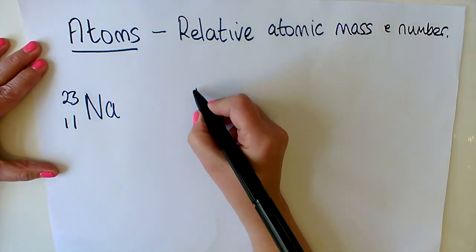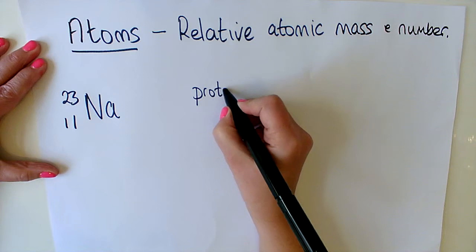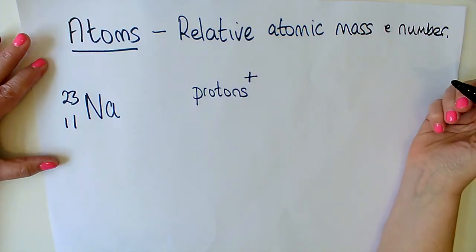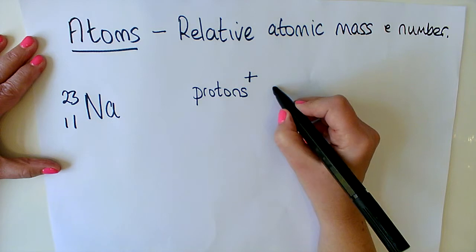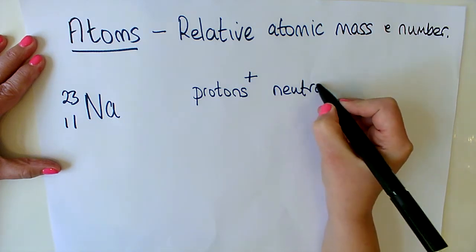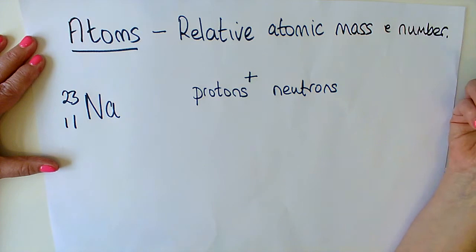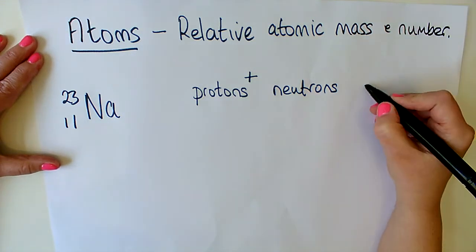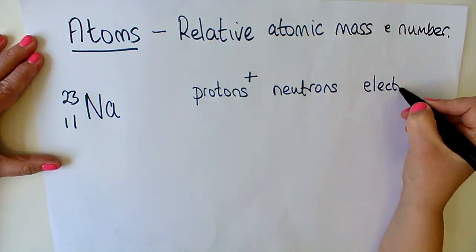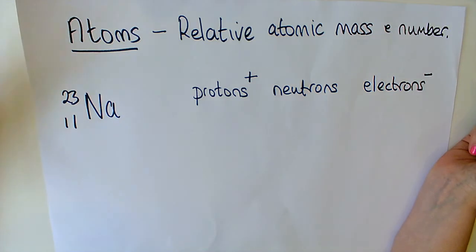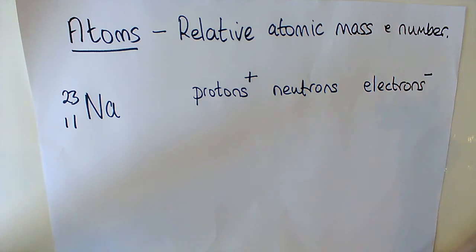Atoms are made up of protons, which have a positive charge. They are made up of neutrons, which have no charge at all, hence neutron, neutral. And we have negatively charged electrons. Each of these particles has mass.